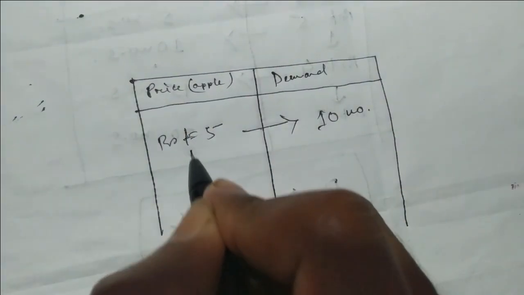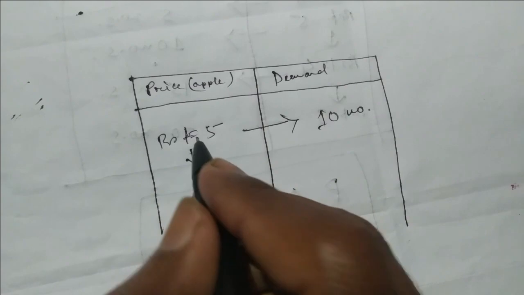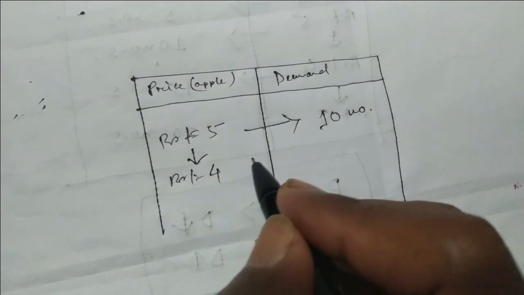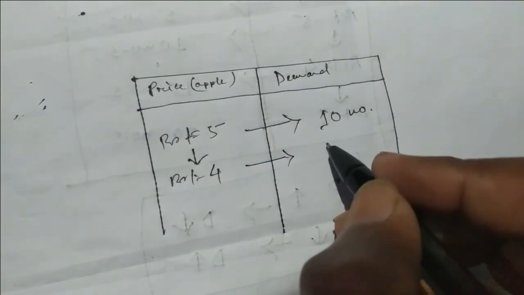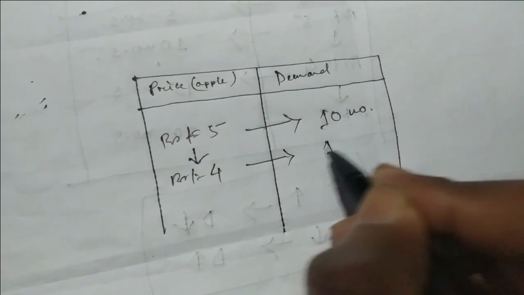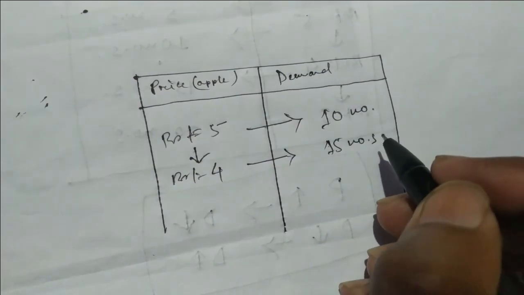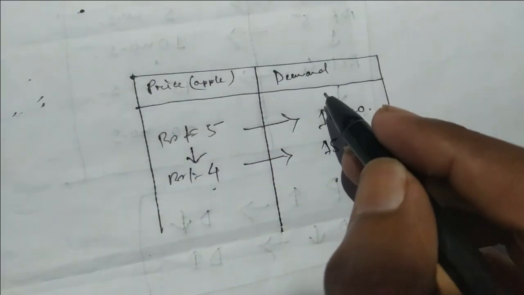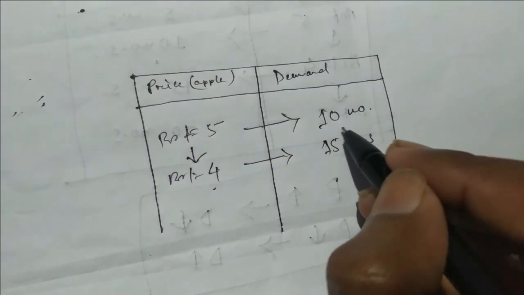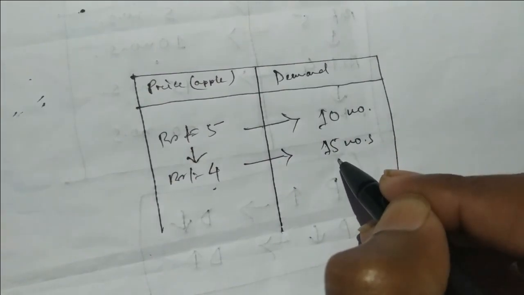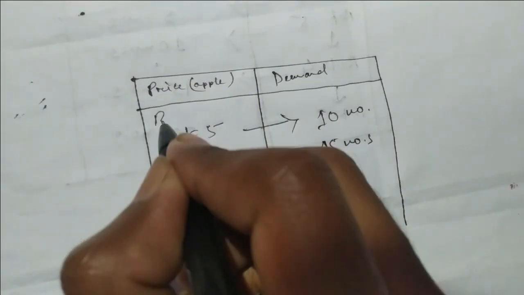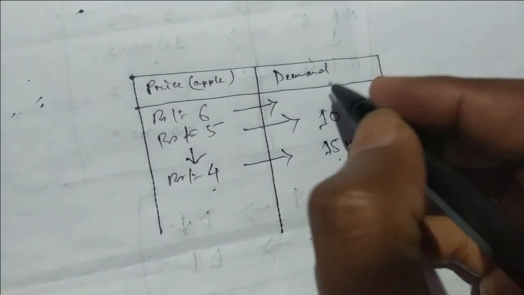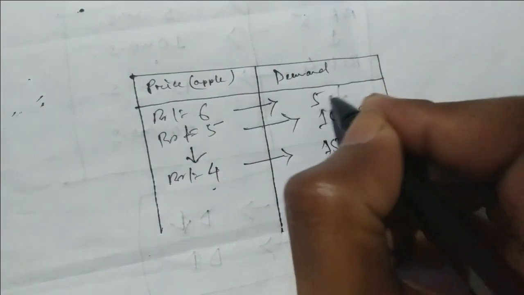Suppose price falls from rupees 5 to rupees 4. When the price is rupees 4, then the consumer demand goes up to 15 apples. Price falls to rupees 4, and quantity demanded goes up from 10 to 15. Now suppose the price increases to rupees 6, then quantity demanded falls, suppose to 5.